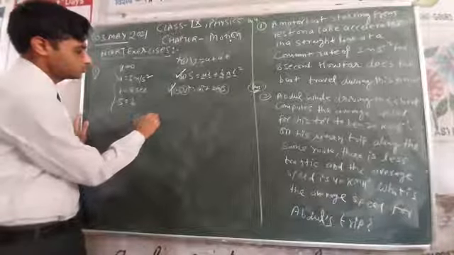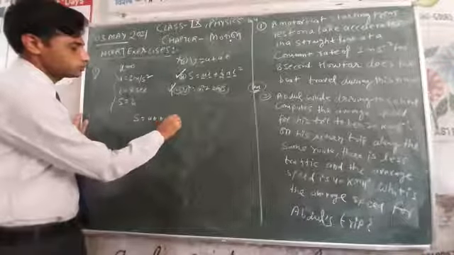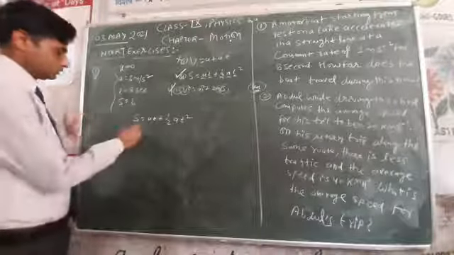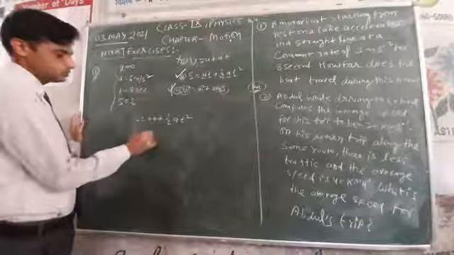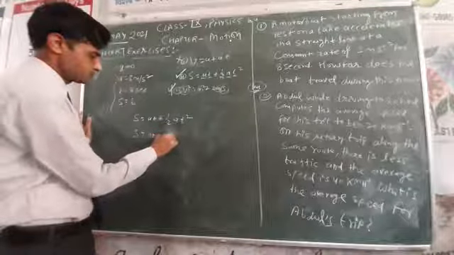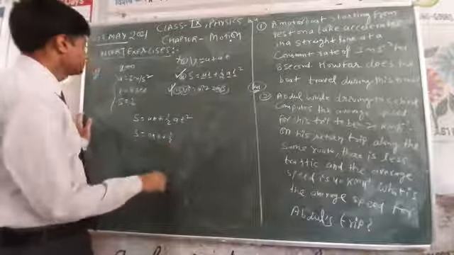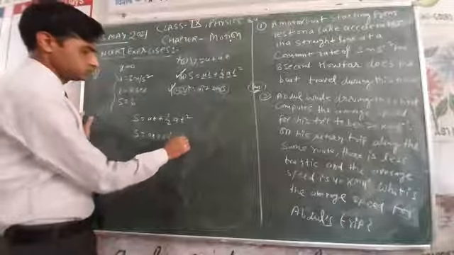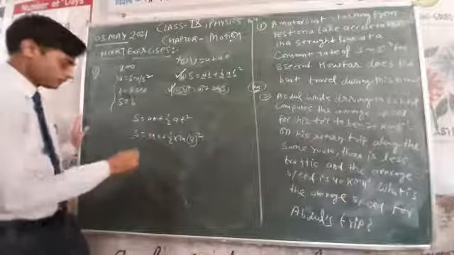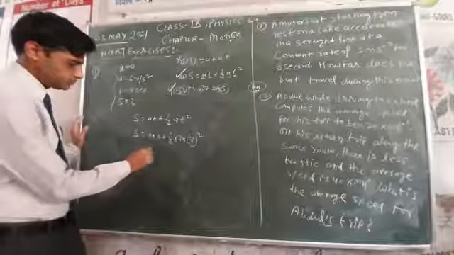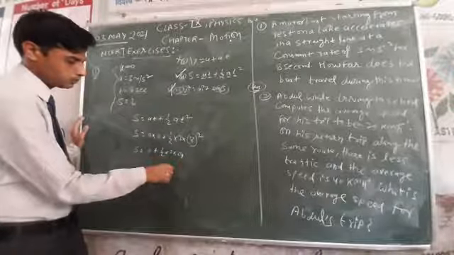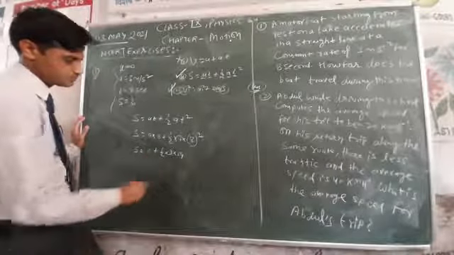s equal to ut plus 1 upon 2 at square. As u is 0, time is 8 seconds, and acceleration is 3, t is squared. So s equal to 0 plus 1 upon 2 into 3 into 8 square.